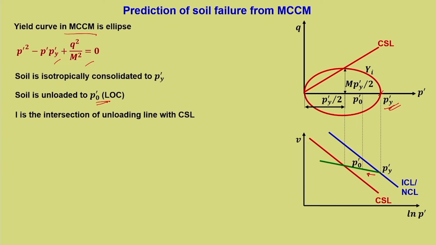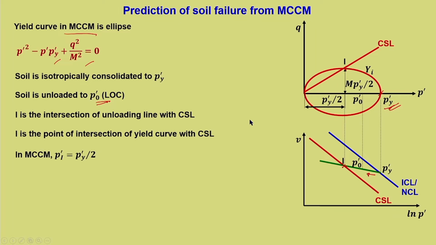Now, I is the intersection of the unloading line with the CSL, this is the point, and that corresponds to this particular point. I is the point of intersection of the yield curve with the CSL. Now, all this information we have already discussed, and we also have the condition.